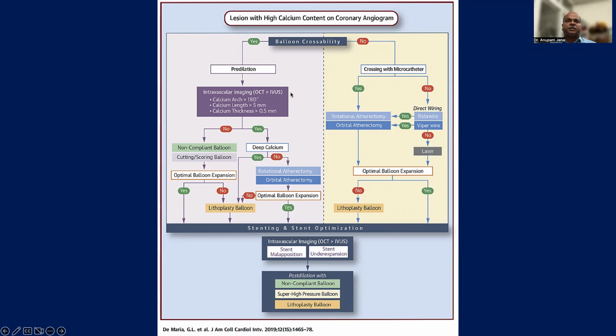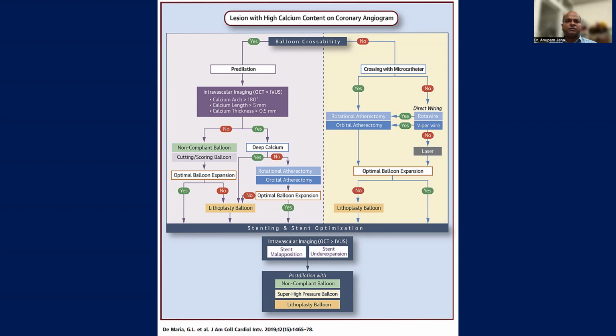With intravascular imaging, you can do OCT or IVUS, where we see the calcium arc, calcium length, and calcium thickness. If the calcium is less than 180 degrees, the calcium length is less than 5 millimeters, and thickness is less than 0.5, then we can go with an NC balloon, cutting or scoring balloon.